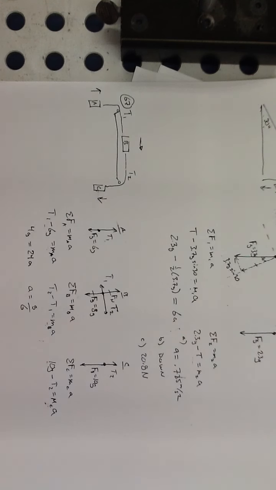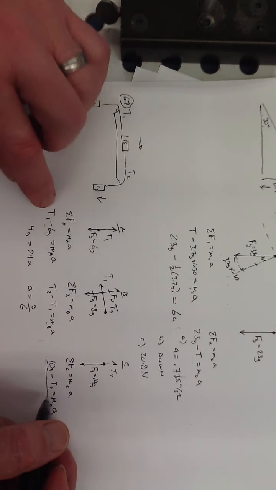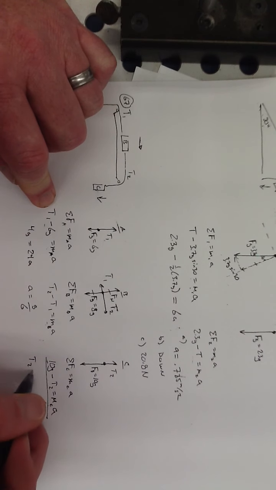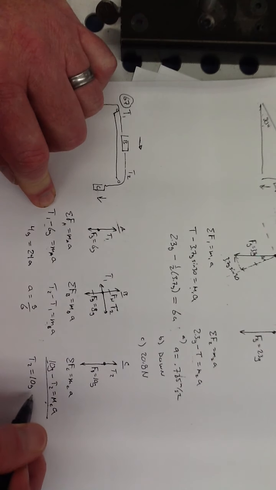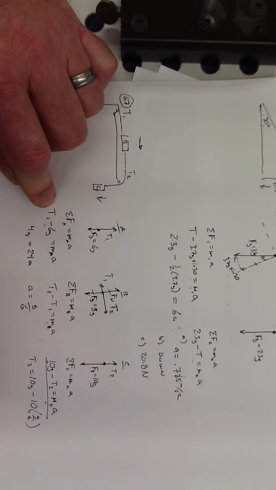And is that all we needed to find? They want to know what is the tension in the cord at the right. So that's T2. So that's going to come from this equation here. So T2 is 10G minus 10A. Just plugging in this to that equation and rearranging a little bit.